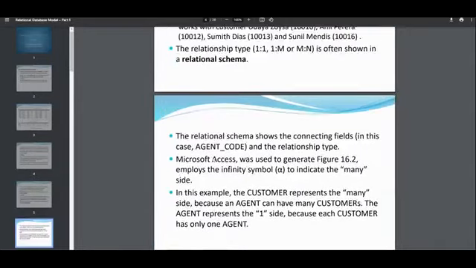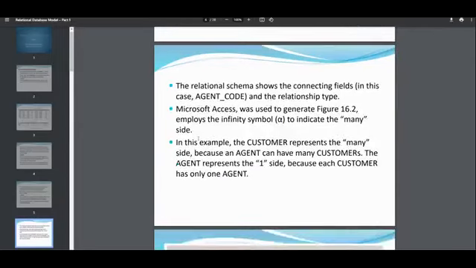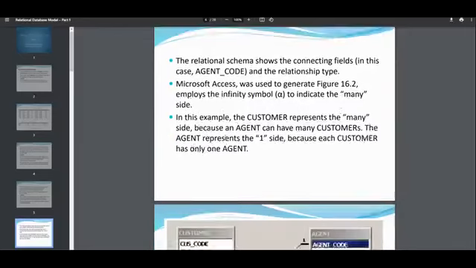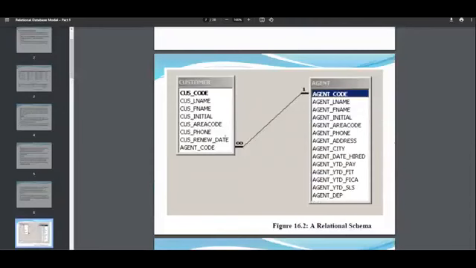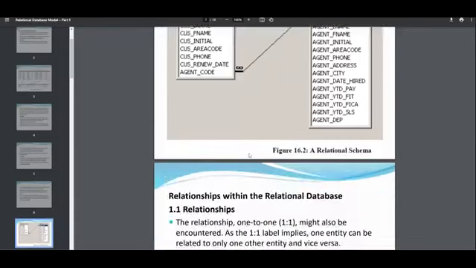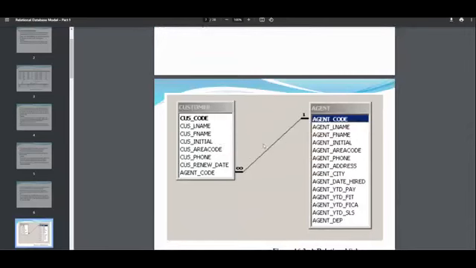So different software or frameworks display these things using different notations. This is a very basic and common way the relationship types are displayed. One agent, as I mentioned previously in the same example, can have multiple customers.